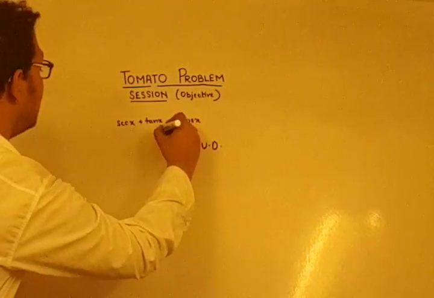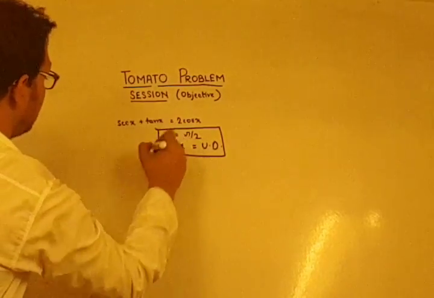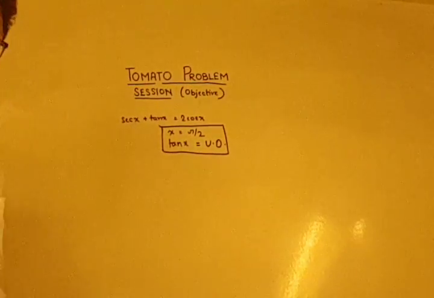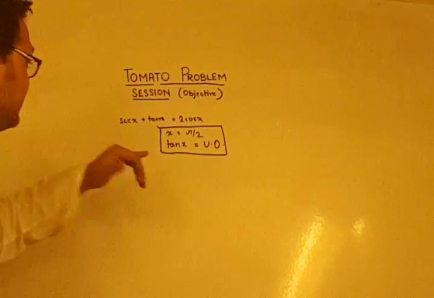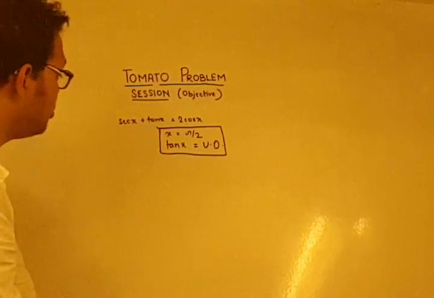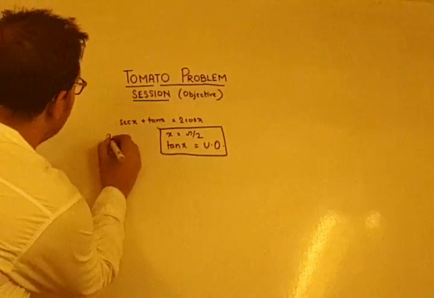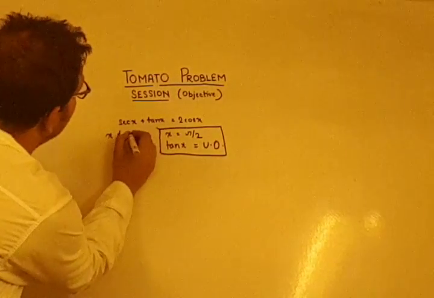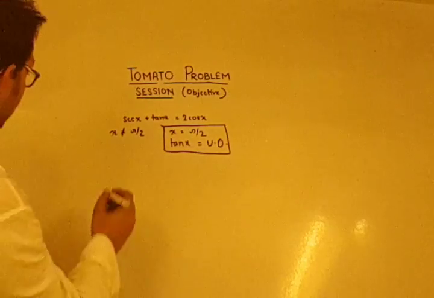This is a very important observation, and that's why these questions are favorites for the ISI professors, because many students forget to make these observations. So if x is pi by 2, tan x is undefined, so x cannot equal pi by 2.